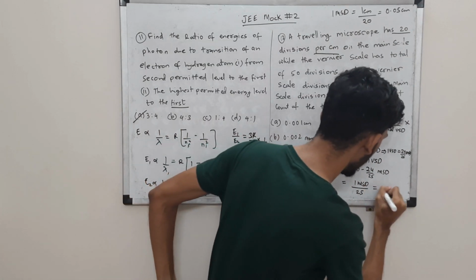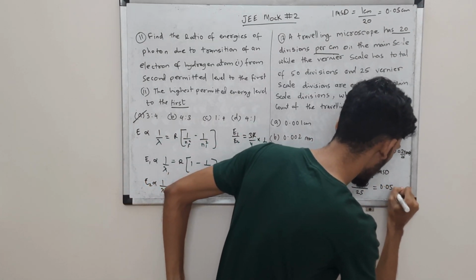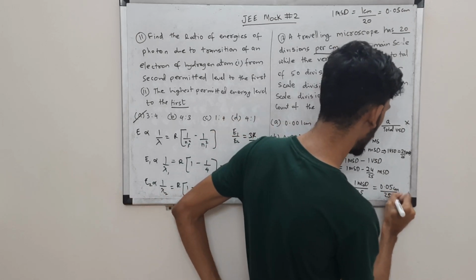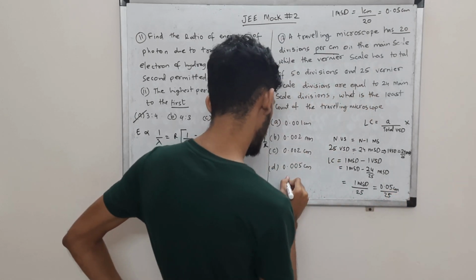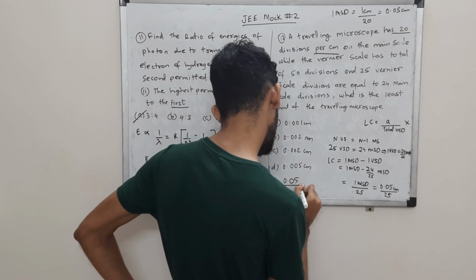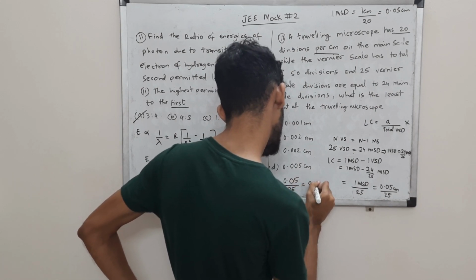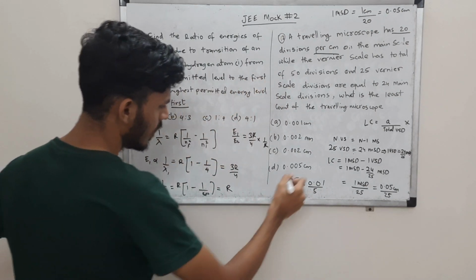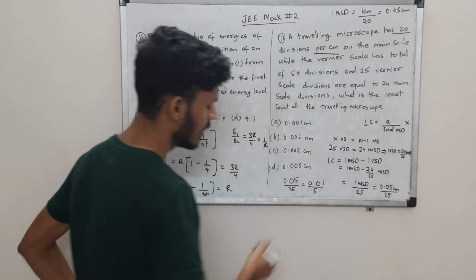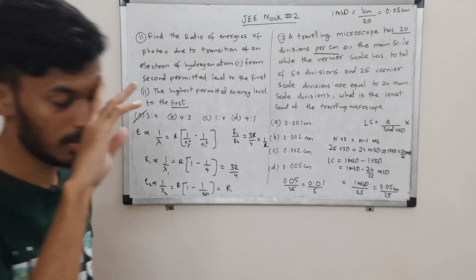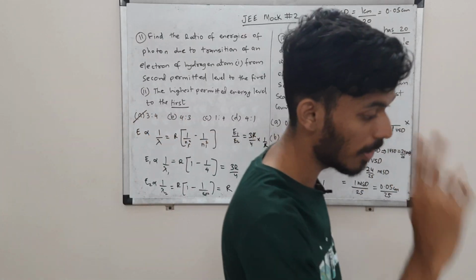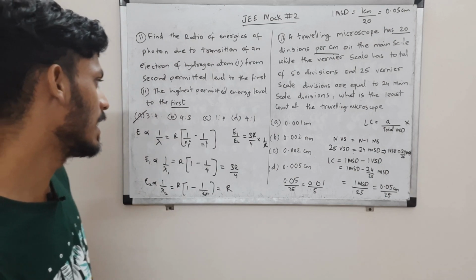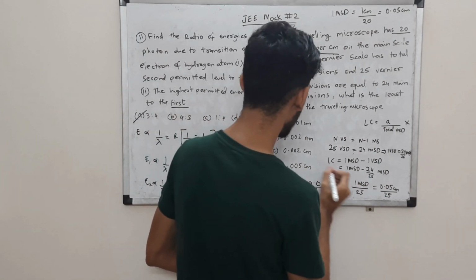So 1 main scale division is 0.05 centimeter, and that divided by 25. So what do you get? 0.01 divided by 5, which is 0.2 into 10 to the power minus 2, or 0.2 into 10 to the power minus 3, everything in centimeters.